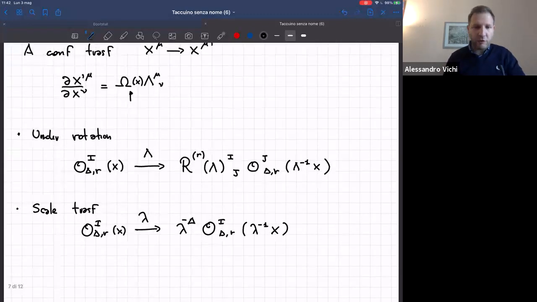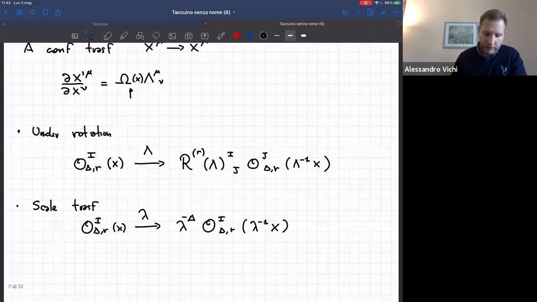So combining these two, you can imagine that the general transformation under conformal symmetry will be a prefactor, which eventually will be x-dependent, and the rotation. Indeed, you can prove this.